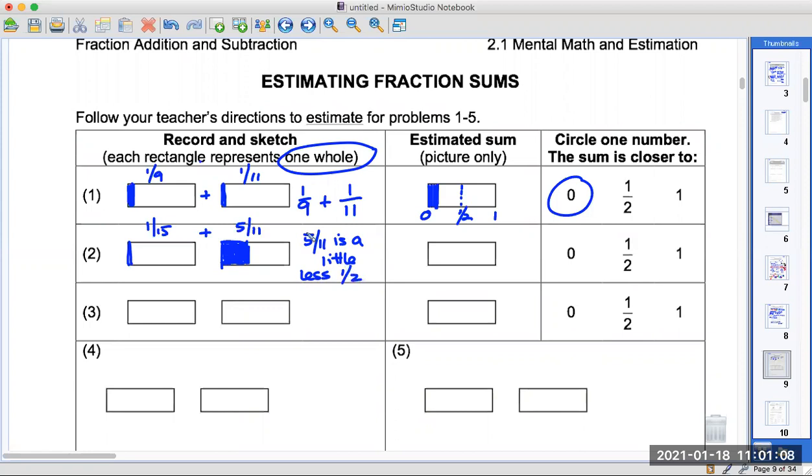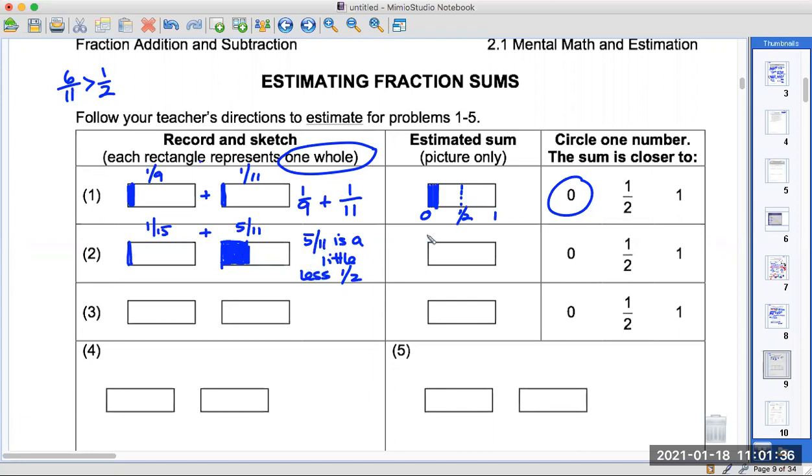A little, because 5 out of 11 pieces, if you have 11 equal pieces and you take 5, you almost have half. 6 would be more than half. 6 out of 11 would be greater than half because you would have more. But 5/11 is a little less.